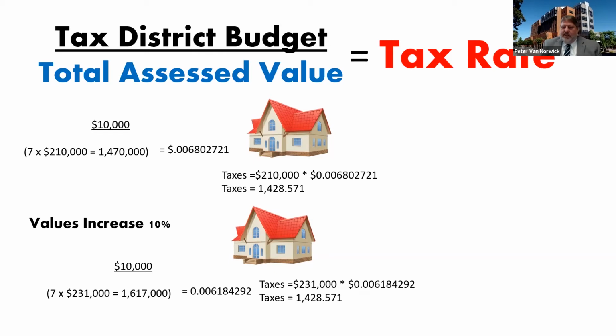So let's just say the next year, the home values increase 10%. So now the assessed values are up to 231,000, but the taxing district still has the same budget, 10,000.